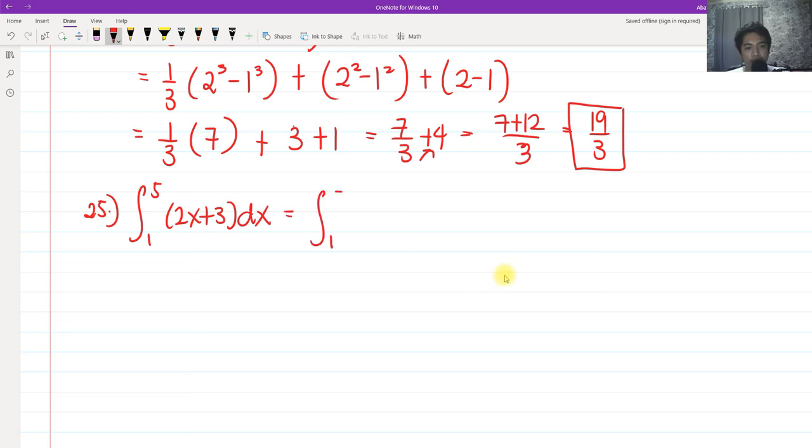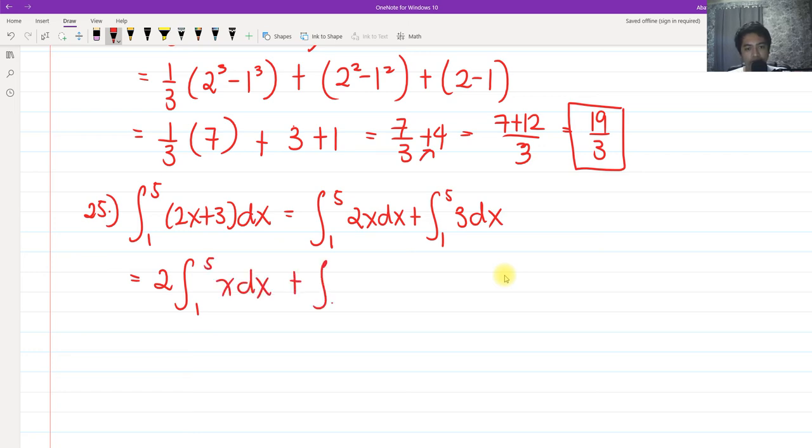We have the integral of 2x dx plus the integral from 1 to 5 of 3 dx. So I can factor out 2 outside of the integral sign, because that's a constant. We factor again 3 outside of the integral sign, then get the integral. So integrating x dx would be simply x squared all over 2 again, evaluated from 1 to 5.